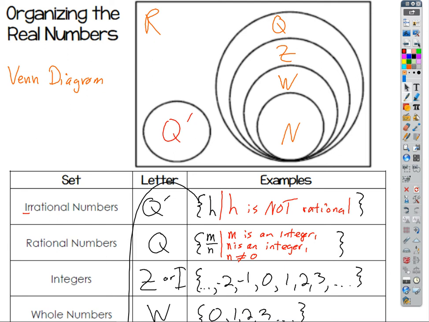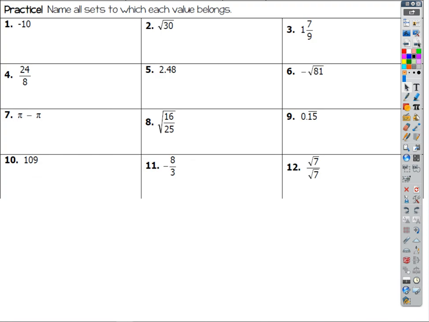All right, let's just try a couple examples. We don't have to do all of these. Let's do some. So how about number 1? Our goal is to name all the sets to which that value belongs. Right? What's a good strategy for this?